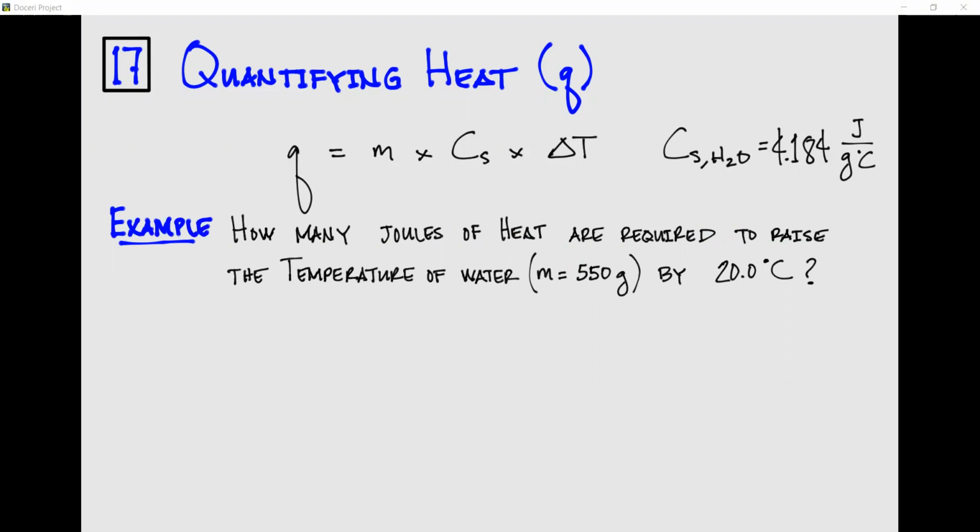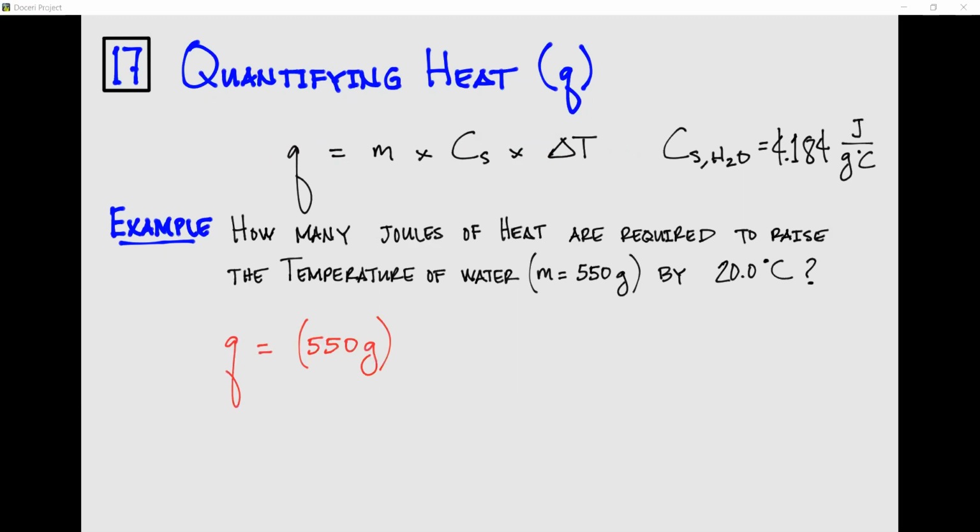Okay, so here you can see that the specific heat capacity of water was not provided. You just have to remember that. It's 4.184 joules per gram degree Celsius. So it's asking for the amount of heat required to raise the temperature of water. We can use this equation shown here.